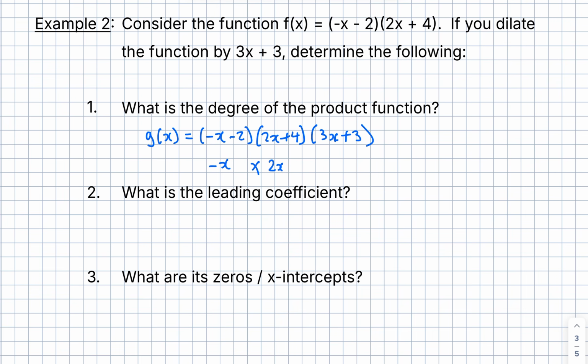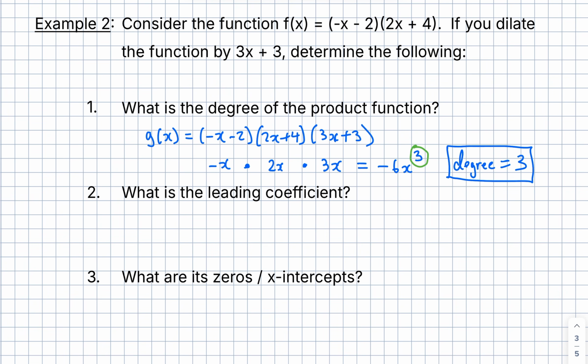I should probably rewrite that so it's a little bit clearer. Let's put a dot for multiplication. And we're going to multiply this by 3x, okay? And this works out to negative 6x cubed. And we see that this is raised to the power of 3. So once again, my degree here is going to equal 3.